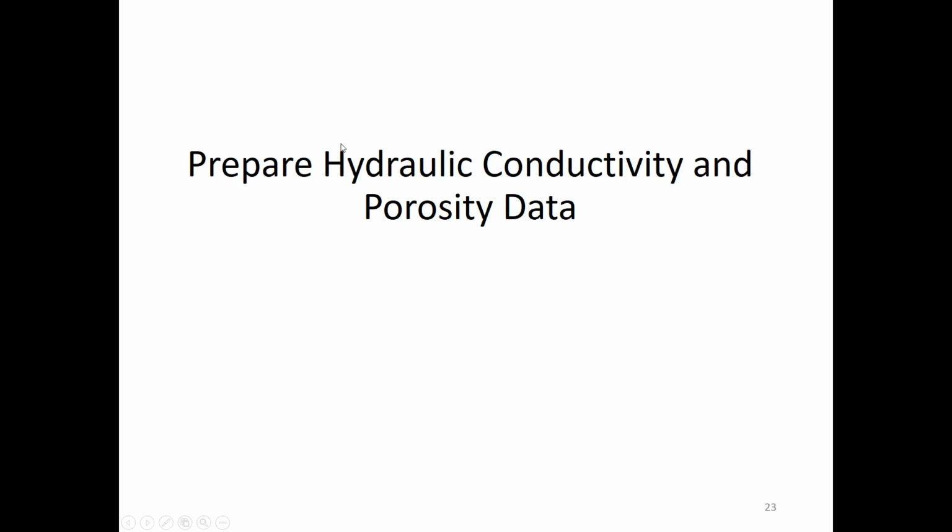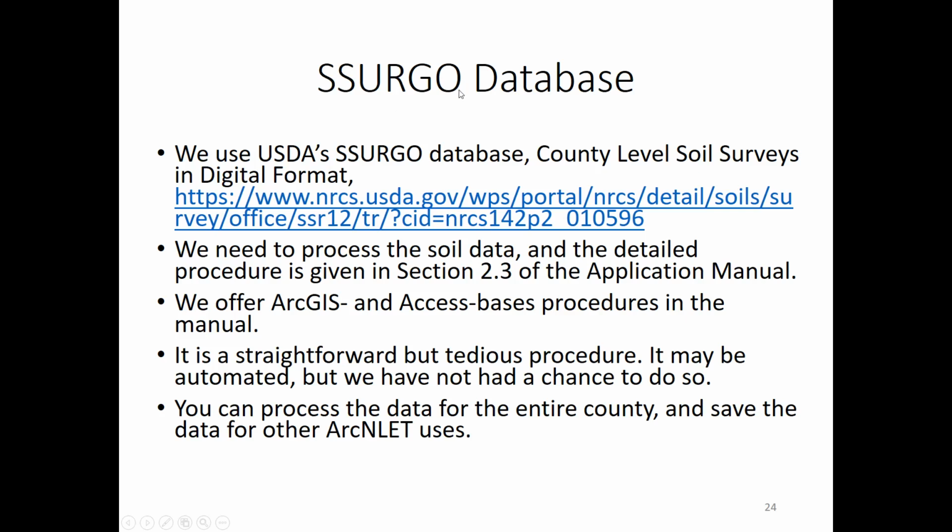So next, we see how we're going to prepare hydraulic connectivity and the porosity. So we use the SSURGO database because this database contains survey data at the county level. And this is a website where you can download the SSURGO data, but the SSURGO data is not ready to use. You have to process the data, and in section 2.3 of the application manual, we give a very detailed procedure for processing the soil data, and we give two options.